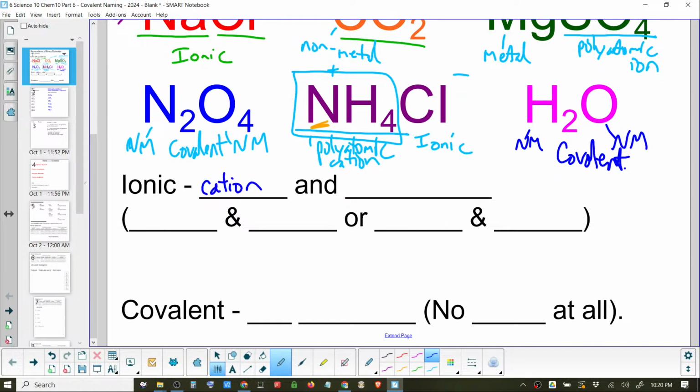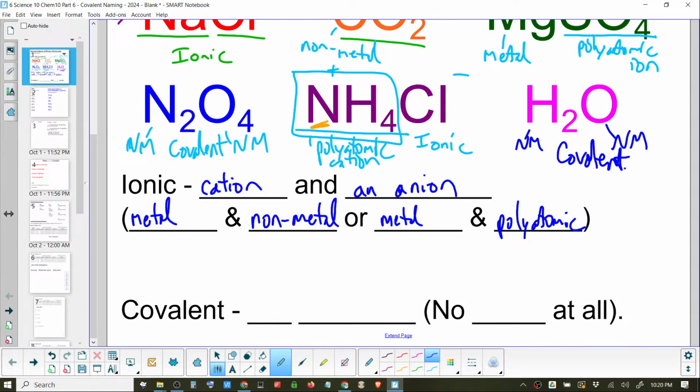So an ionic is a cation and an anion, or metal and non-metal, or metal and polyatomic. And the polyatomic could go in either slot.